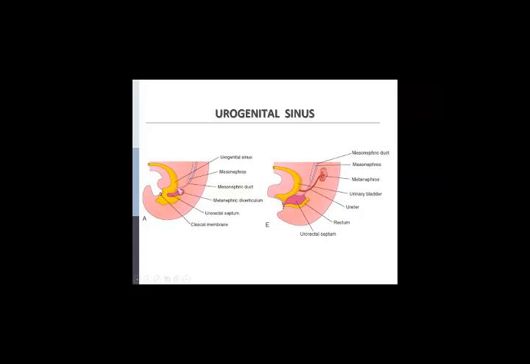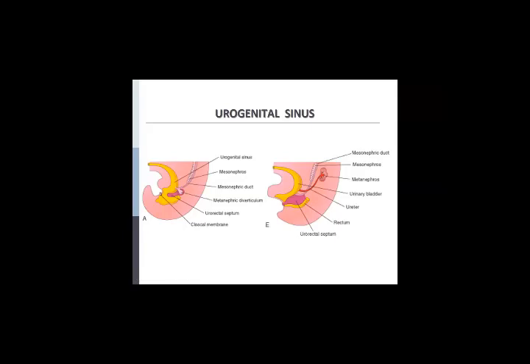And the point where the urorectal septum comes in contact with the cloacal membrane develops into the perineal body. Okay? So the site where the urorectal septum meets the cloacal membrane develops into the perineal body.